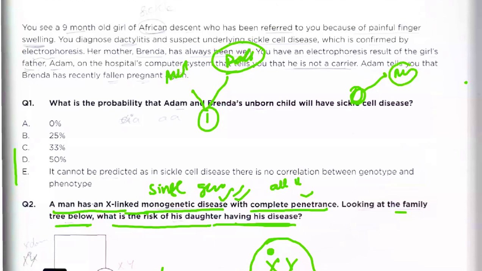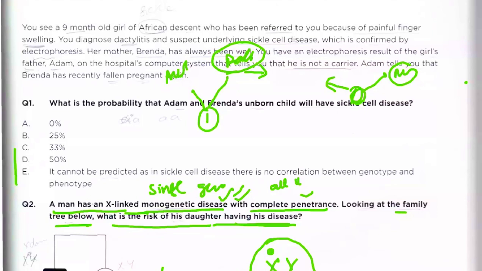Okay, you got this point? These two siblings are not from the same father. In the UK population, they say 10 to 15% may not be the biological father of that baby. Now see here, this father will have a 100% chance: if the gene is dominant, then 100% of the daughters will be affected.